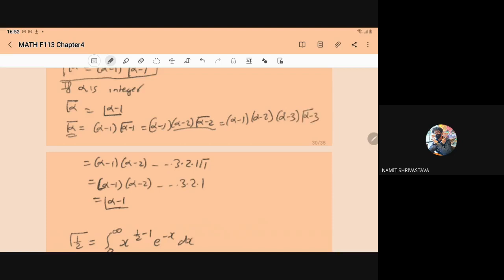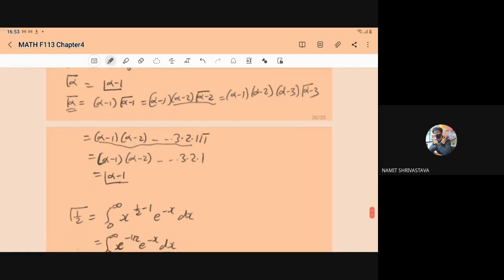Continuing, at last you will get alpha minus 1, alpha minus 2, and so on down to 3 into 2 into 1, times gamma of 1. And we have just derived that gamma of 1 is 1. So it will become alpha minus 1 into alpha minus 2 into 3 into 2 into 1.